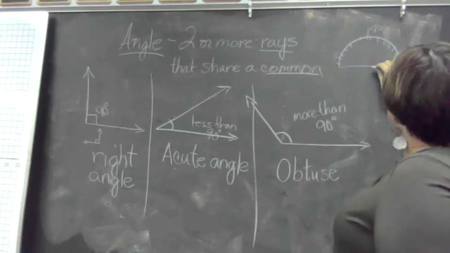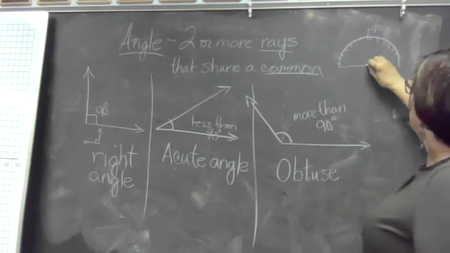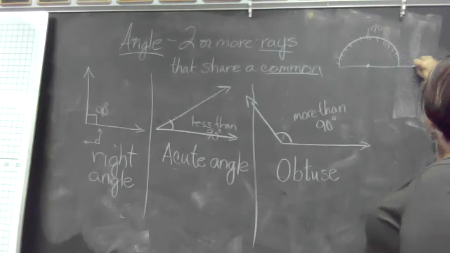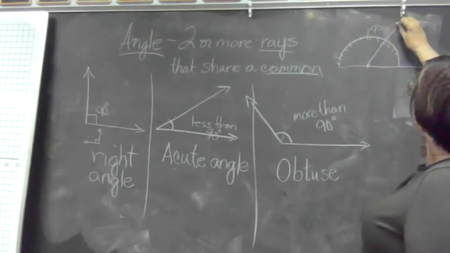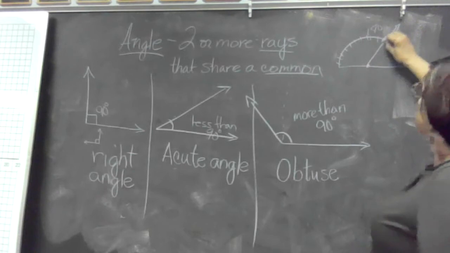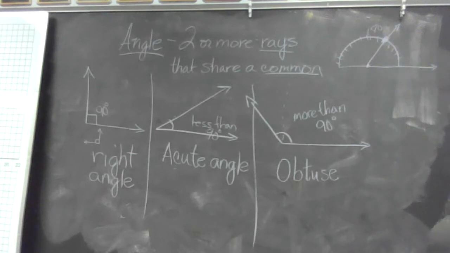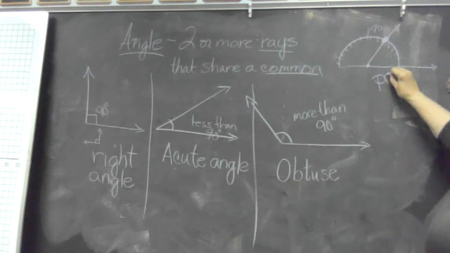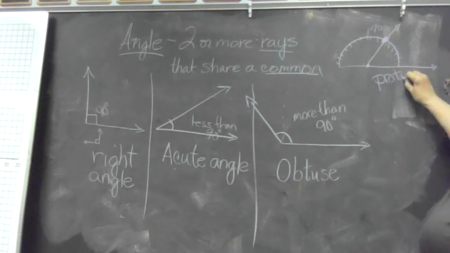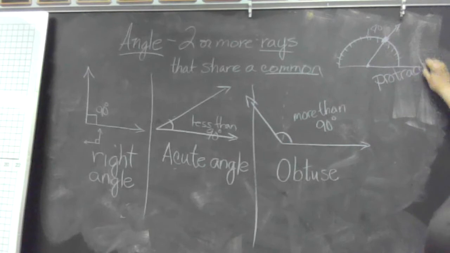And then you will put your vertex on here, and one of the lines will come out here, and then the other line comes out like here, and you can read what the measurement is right there. The protractor, this will be a protractor, and I have some for you. Okay.